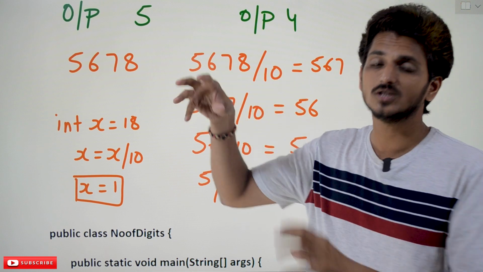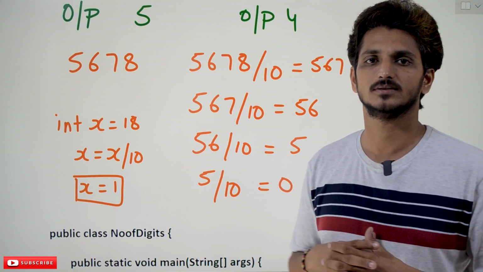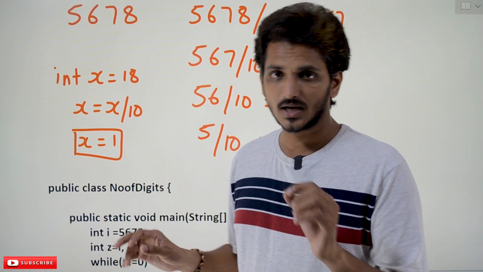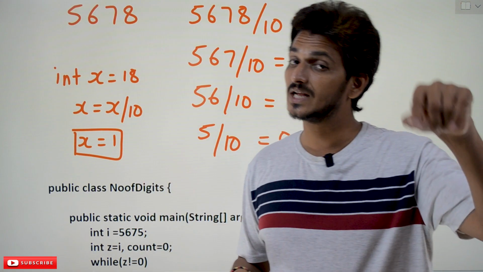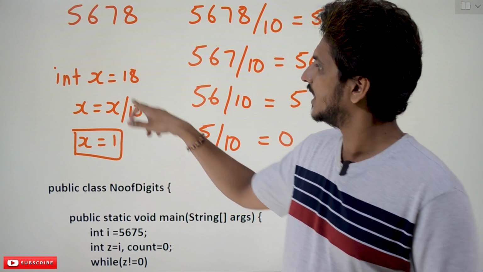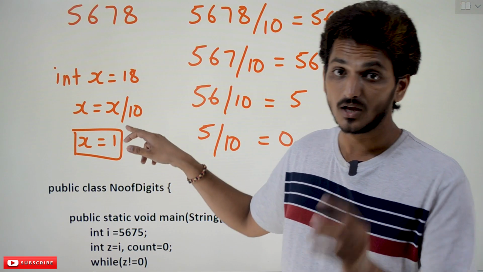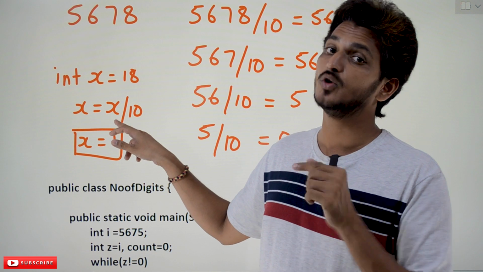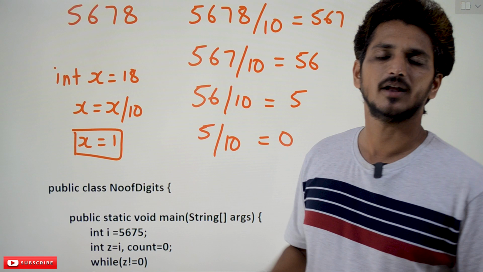We need to place this logic into the programming concepts which we discussed in our previous classes. So how do we implement that? Coming to the programming concept, int x is equal to 18. In our previous classes, when we discussed the arithmetic operators, we discussed this point. x is equal to x divided by 10. x is an integer type variable. 18 by 10 means 1.8, but it is going to consider only the integer part, which means x contains only 1.